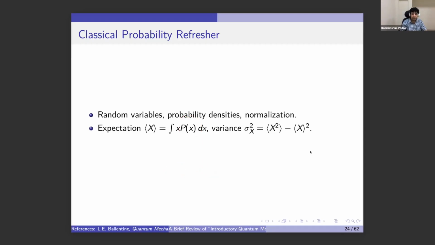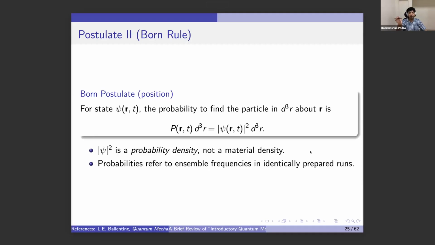So the second postulate is often called the Born postulate, which says that given a state psi, the probability density is given by psi square. The state psi in general could have complex numbers, so when we take psi square, we are using the complex conjugate.